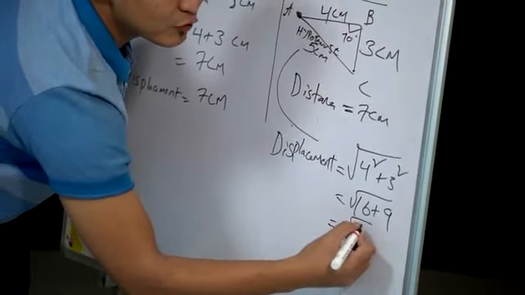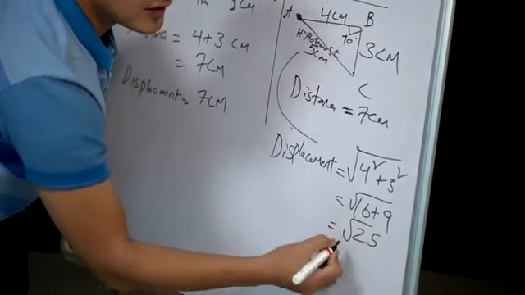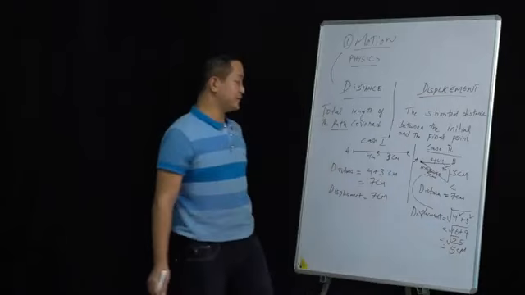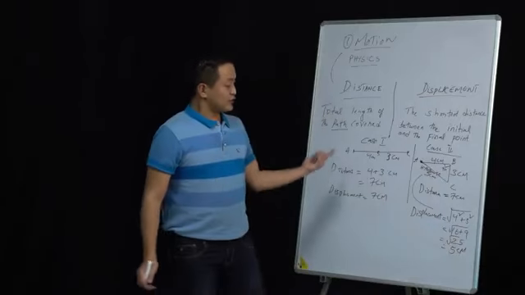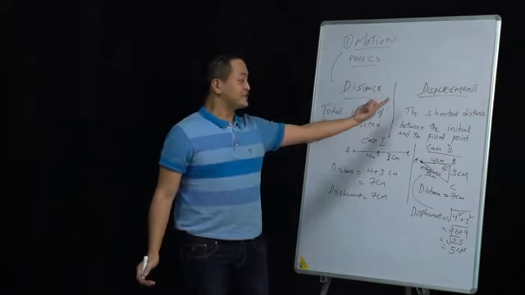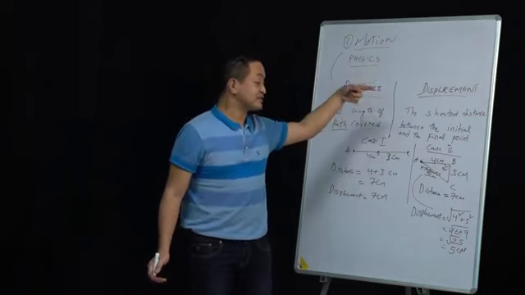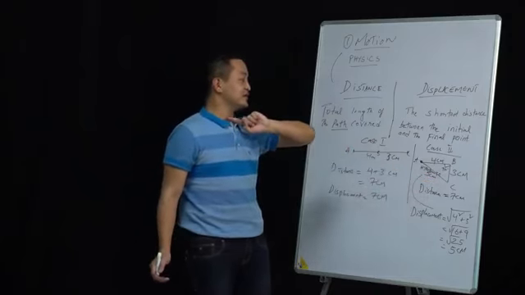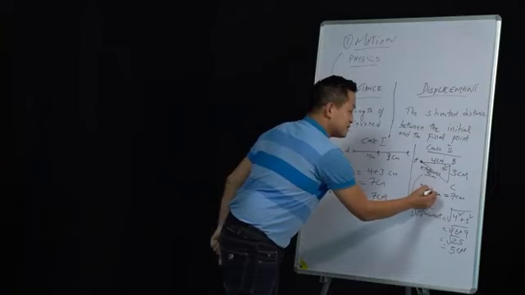That means we have 25, and the answer would be 5 centimeter. Clear? So see, if we apply displacement, it is just 5 centimeter to reach your final destination.